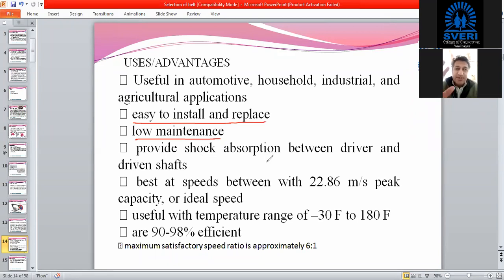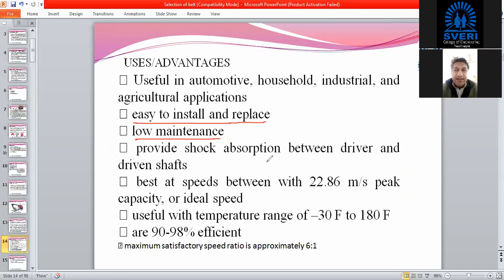Especially in agriculture application, I will take the example of a rotavator. When that rotavator is working, shocks are produced because of the irregularity of the ground or our field. That shock should not be transmitted to the rest of the power transmission system from the tractor to the rotor.